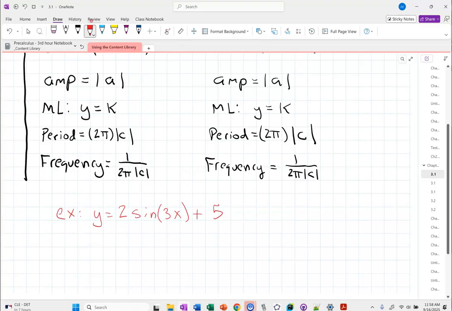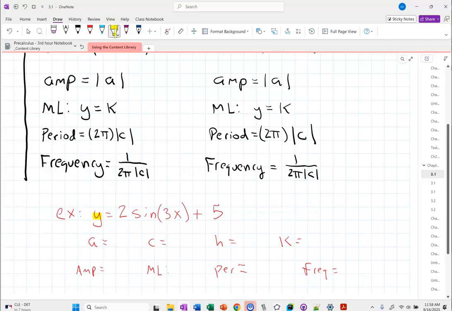And we're going to start by identifying the values for A, C, H, and K, and then find the values for the amplitude, the midline, the period, and the frequency. Does everybody feel okay with the plan here?